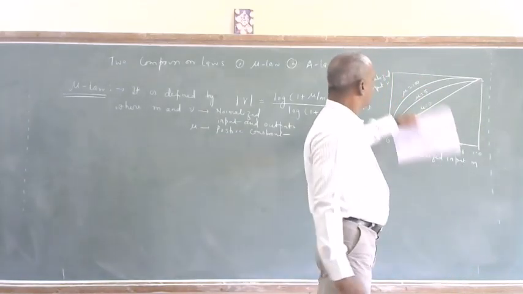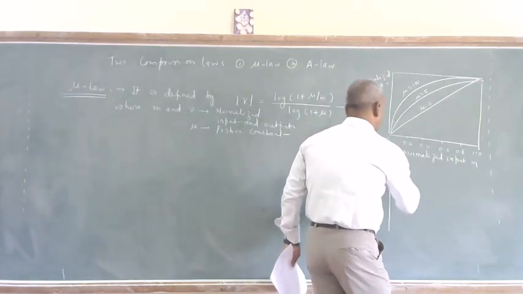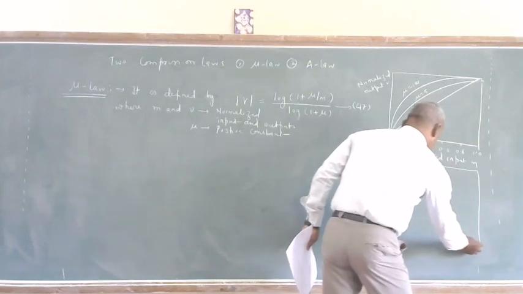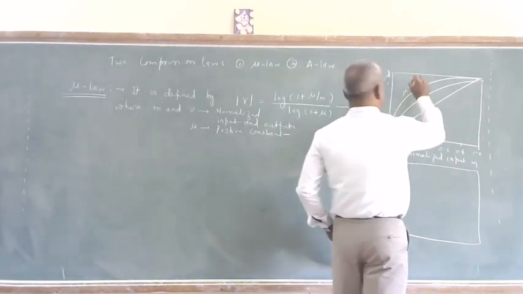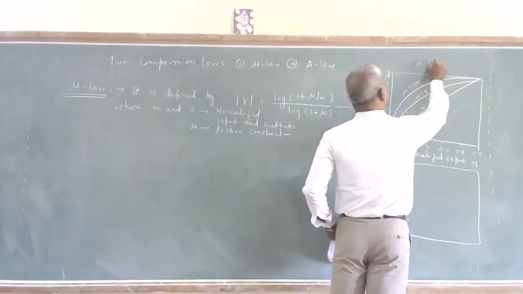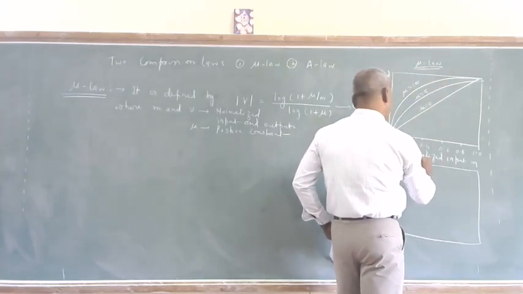This is the input versus output of a quantizer with the different values of mu. This is mu law, and this is for A law.